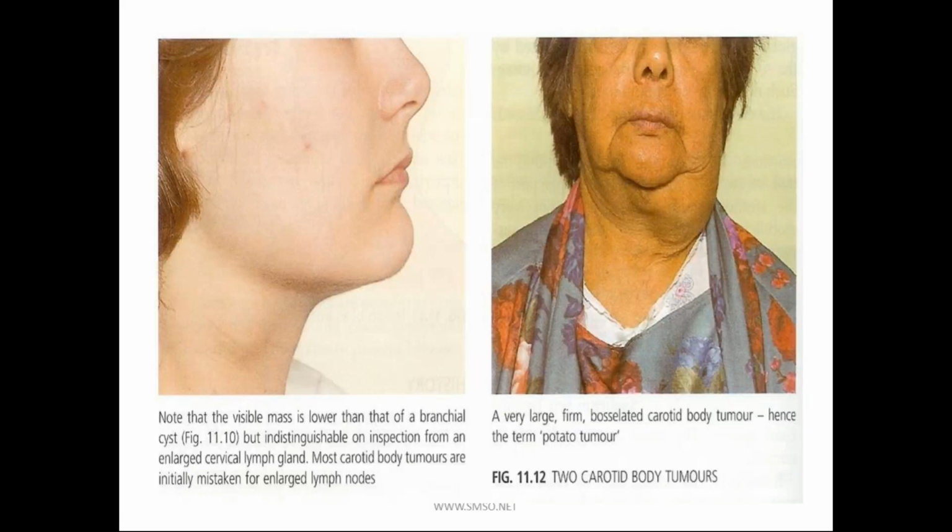Chemodectoma. By seeing the image, we might not tell the accurate diagnosis, but with the total examination, we have to come to the accurate diagnosis. It is also known as potato tumor.